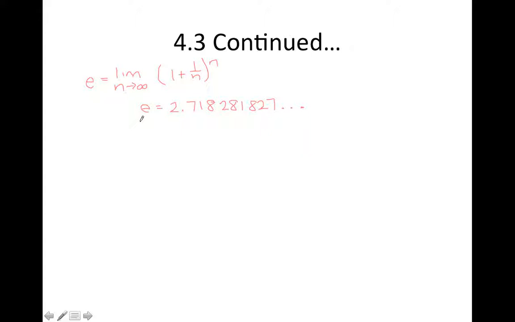All right, so now let's look at solving exponential equations. You'll see this number come up some within that. So solving exponential equations, still part of 4.3.